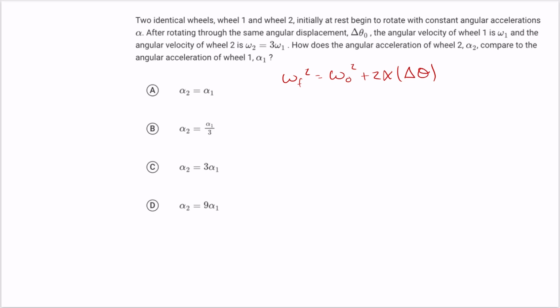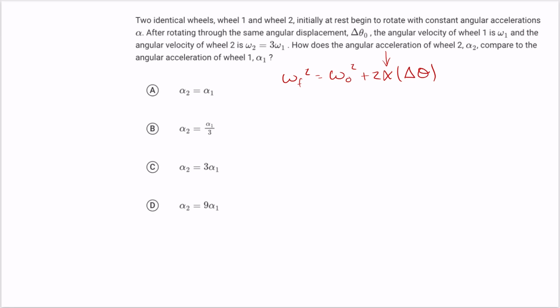This has all of the things we're discussing in this question. It's all going to be symbolic, of course, since we don't have real values, but let's evaluate the acceleration for the first wheel and solve for alpha 1.